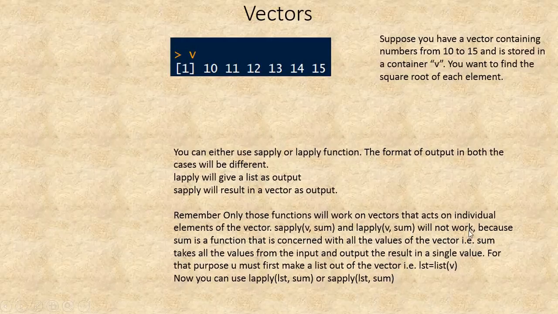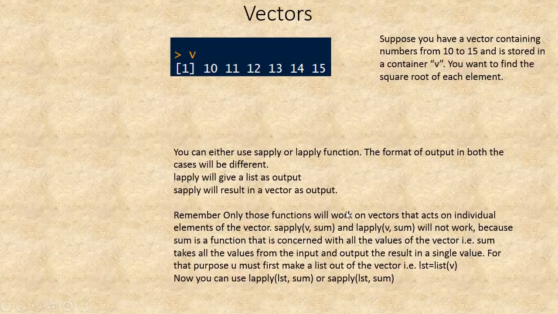It will not work because sum is a function that takes all the elements inside the vector and gives a single output. So this type of function that takes all the elements from the vector and then gives you a single output will not sum all the elements using sapply or lapply.